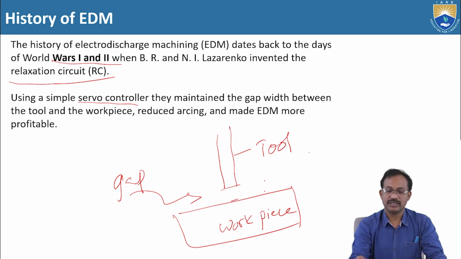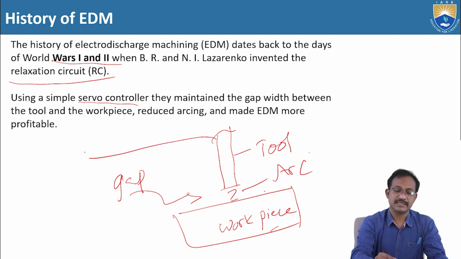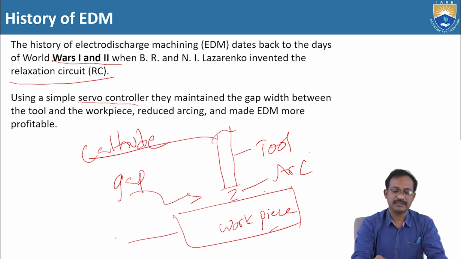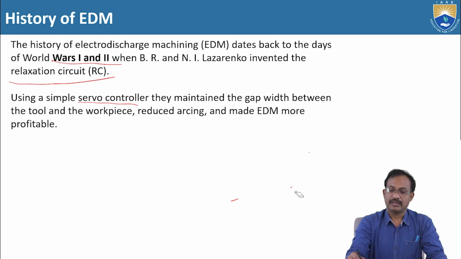Here an arc will be produced between the electrode and workpiece. The negative electrode is said to be tool and the positive electrode is said to be workpiece. In other words, this is cathode, negative electrode, and this is anode, positive electrode.